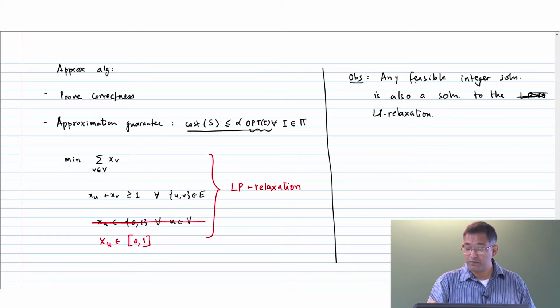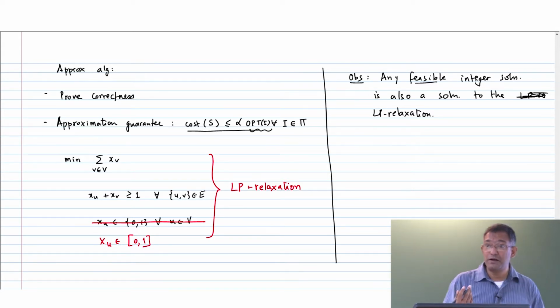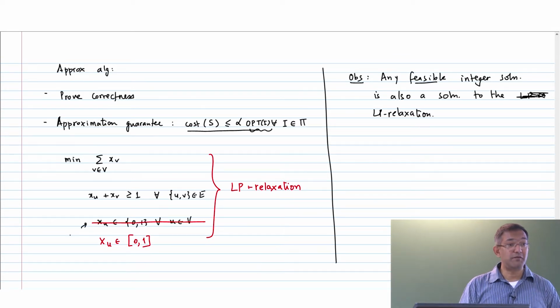So, feasible integer solution, which means any solution to the integer program, is also a solution to the linear program. It is easy to check because the integer program wanted that the variables take values either 0 or 1. The linear program says, well, I am happy as long as the variable takes any value between 0 and 1, including 0 and 1.